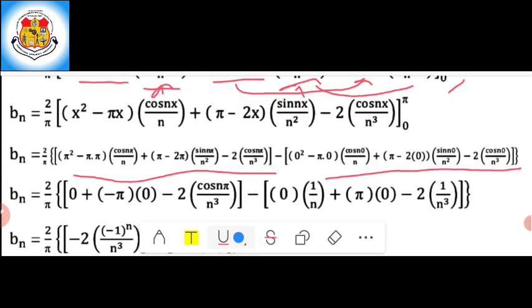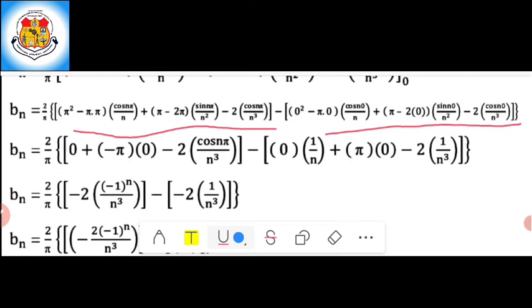After that, we know the value here: π² − π² becomes 0. Here the value of π − 2π is −π, but sin nπ becomes 0, and here cos nπ stays as it is, with −2 divided by n³.